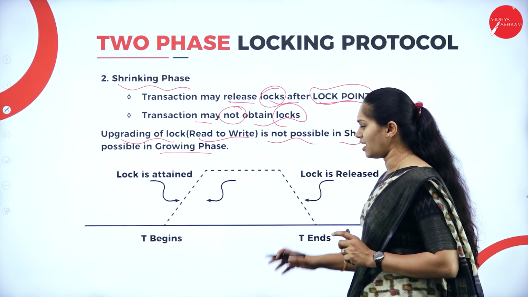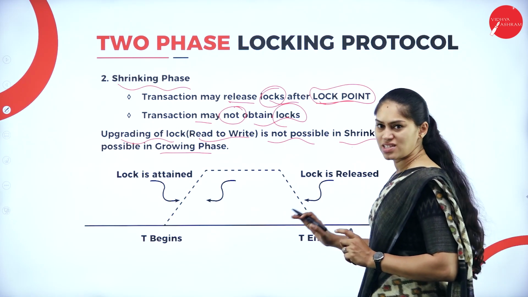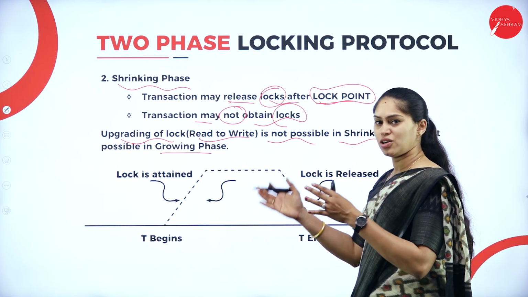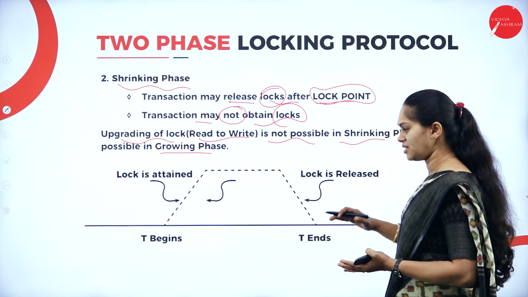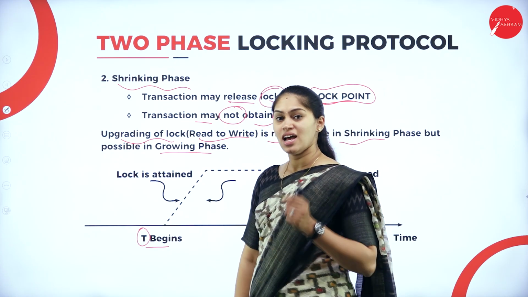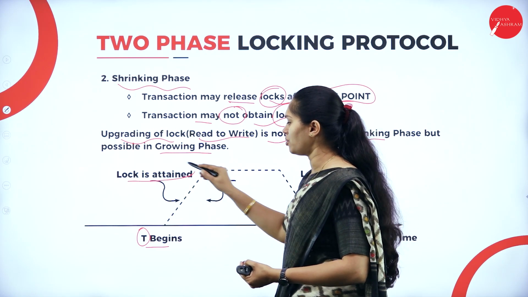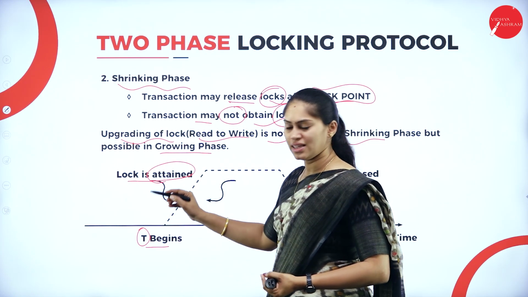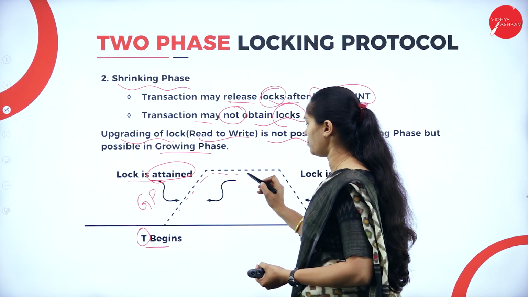So here you can see that we have a time axis, which specifies how much time it takes. When T begins, that means when the transaction begins, at that time the locks are going to be attained, and we call this the growing phase, right? All the operations are performed here.